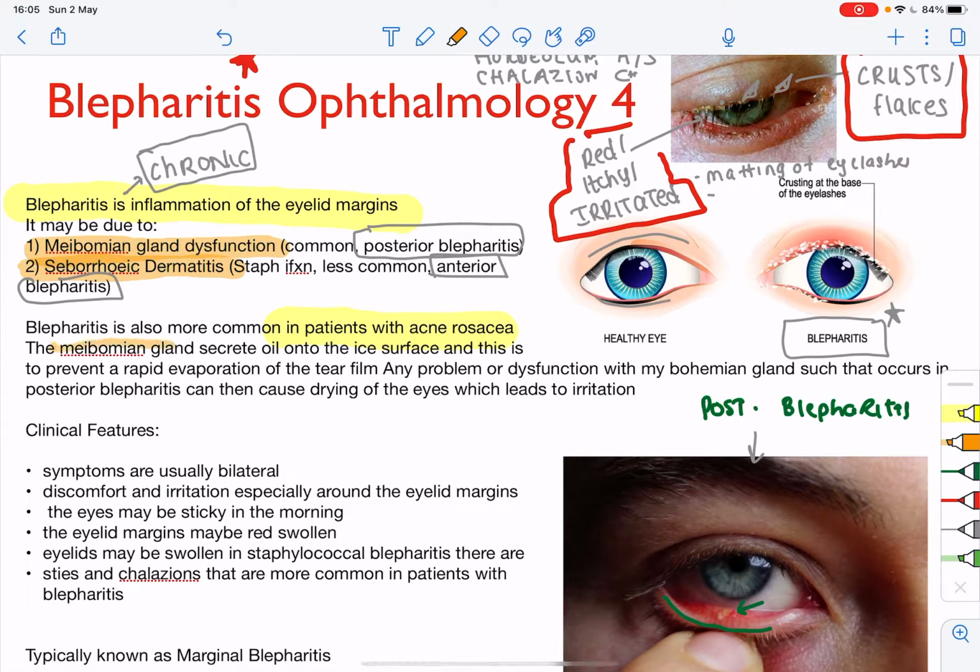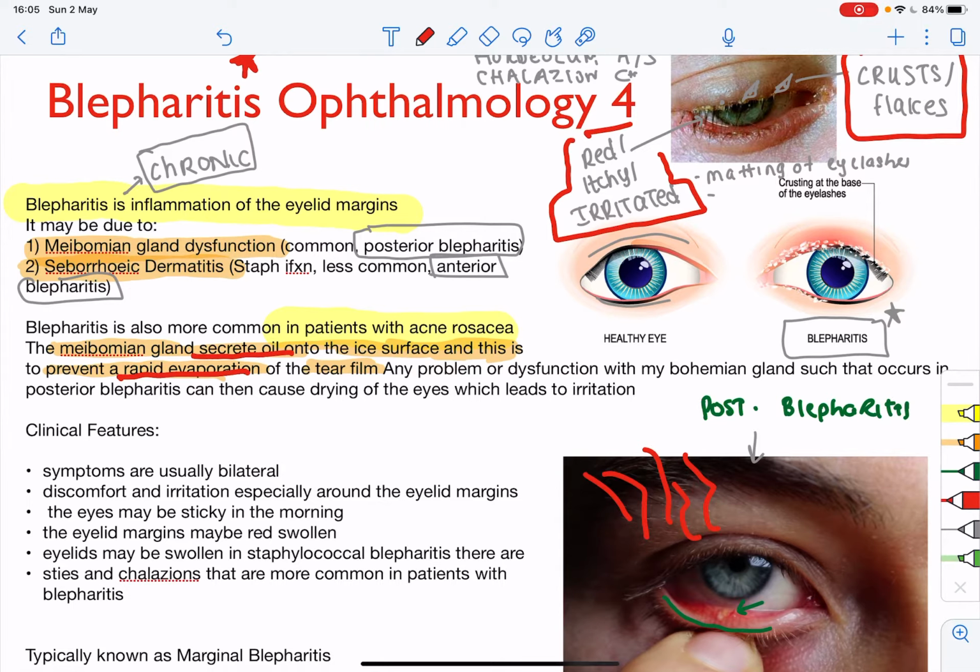The meibomian glands are secreting your oil onto the eye surface, and this will prevent the rapid evaporation of the tear film. But what does that oil layer do? It prevents this quick evaporation of the tear layer.